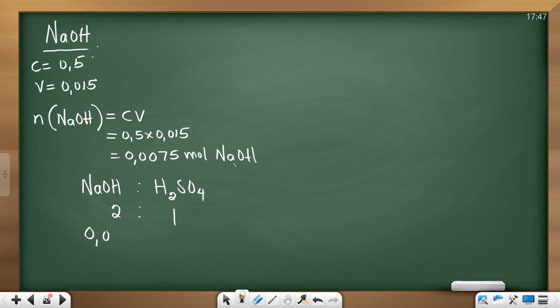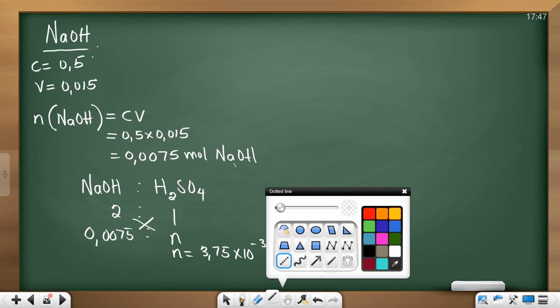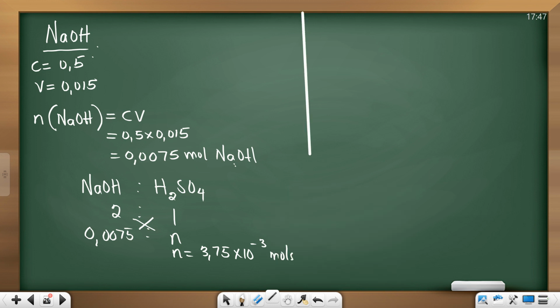What do I have here? 0.0075, and I don't know n here. What do we do? Cross multiply. What's our answer? 3.75 times 10 to the power? Moles. And we are done with the first part. Easy stuff.